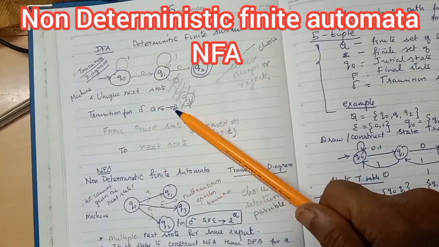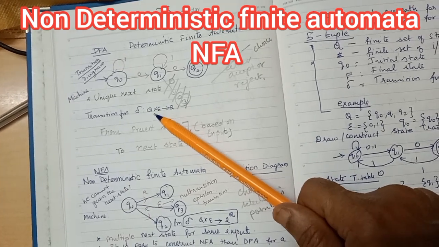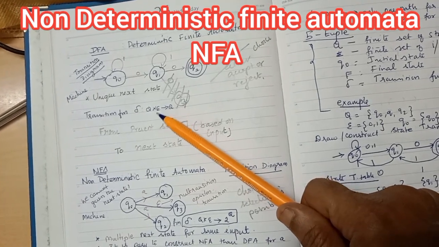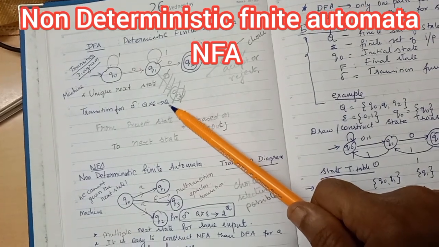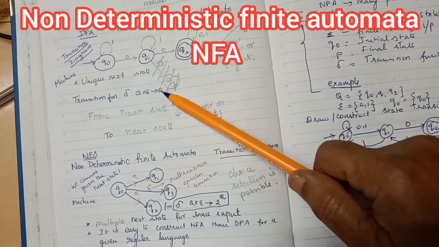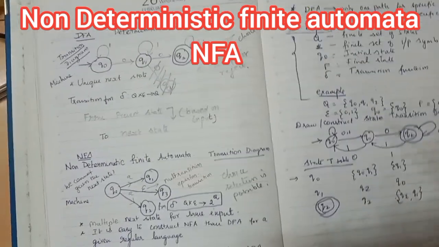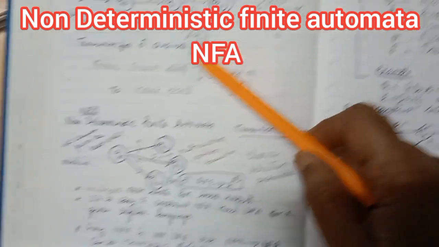The transition function is delta: Q cross sigma goes to Q, where Q is the next state.